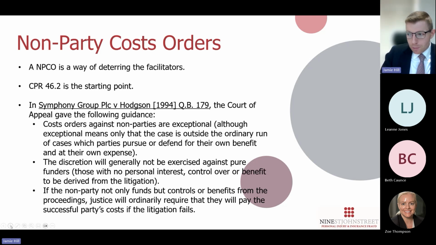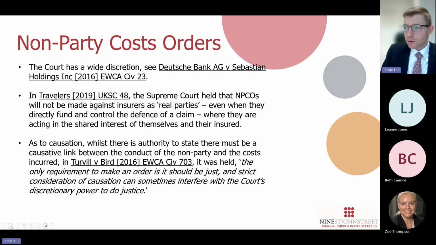Discretion will generally not be exercised against a pure funder, but if a non-party not only funds the litigation but controls or benefits from it, then justice will ordinarily require that they pay the successful parties cost of that litigation if it fails. The most obvious example is credit hire, but I won't say any more about credit hire because, as I say, Zoe's going to mention that in a moment. A few more cases on the screen dealing with it. It's important to know there's a wide discretion.